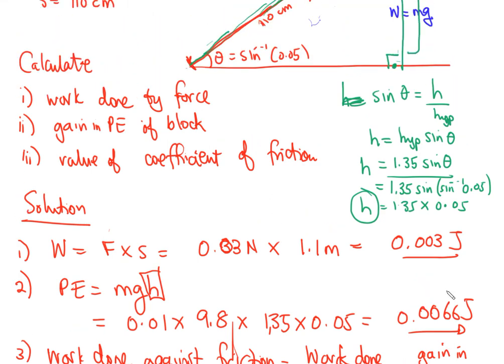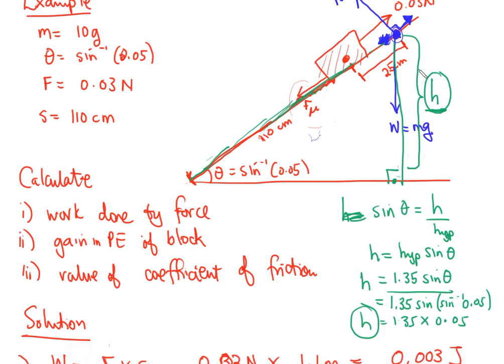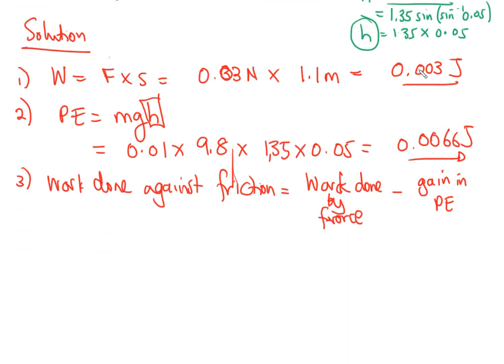So when we're pulling this object, it was doing work. One part of the work was going towards overcoming friction. The other part of the work was going towards gaining PE. So that's what we're basically showing here.